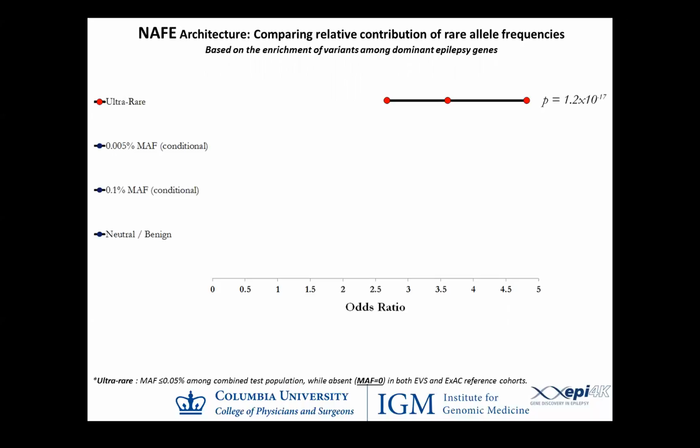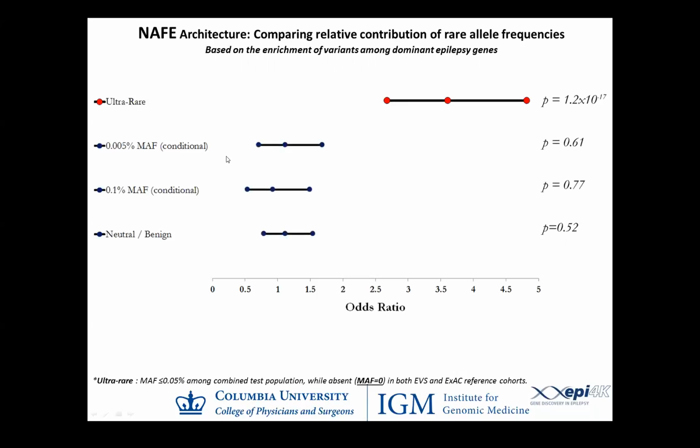We've had similar analyses presented in the previous talks, but essentially we ran a conditional analysis asking, after taking into consideration the ultra-rare variation class within these established dominant epilepsy genes in non-acquired focal epilepsy, if we become a bit more permissive and allow even a handful of variant observations among ExAC, which is 0.005% and is understandably still considered quite rare, do we see an increased enrichment in the case cohort?